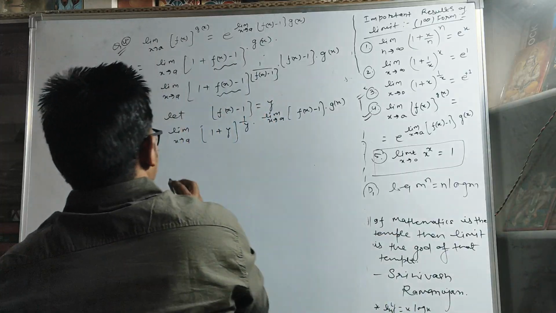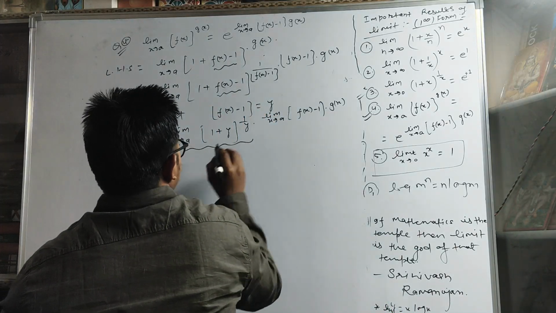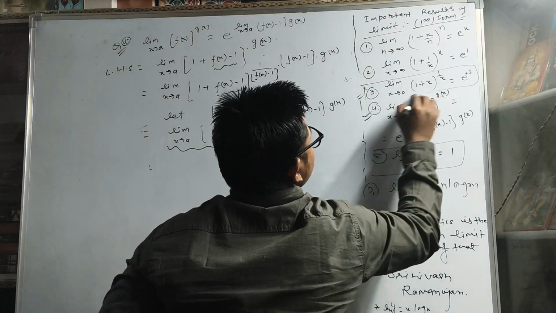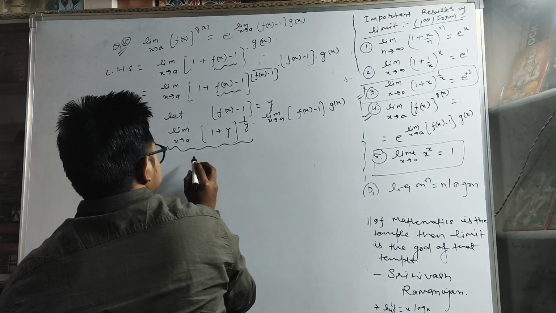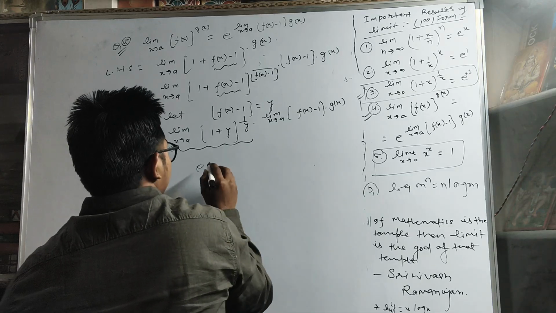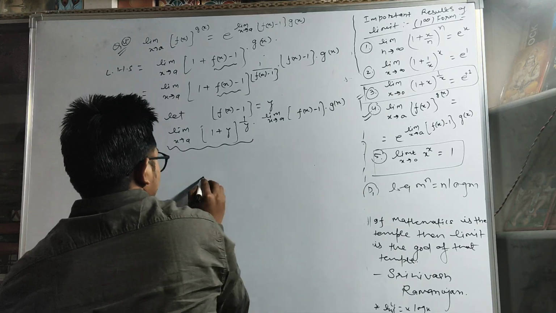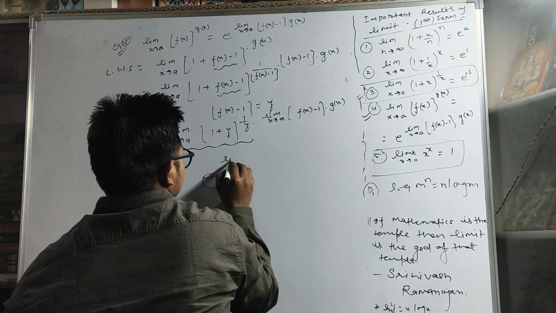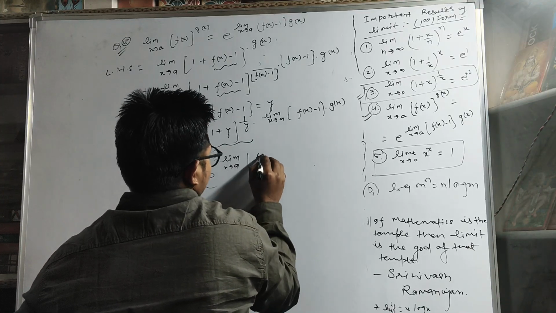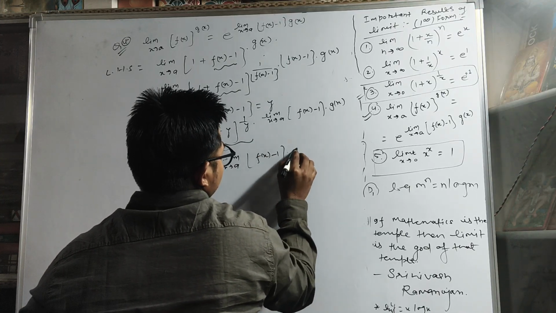So this completes the limit, the value of this term will be equal to e. So e to the power limit x tending to a of (f(x) minus 1) into g(x).